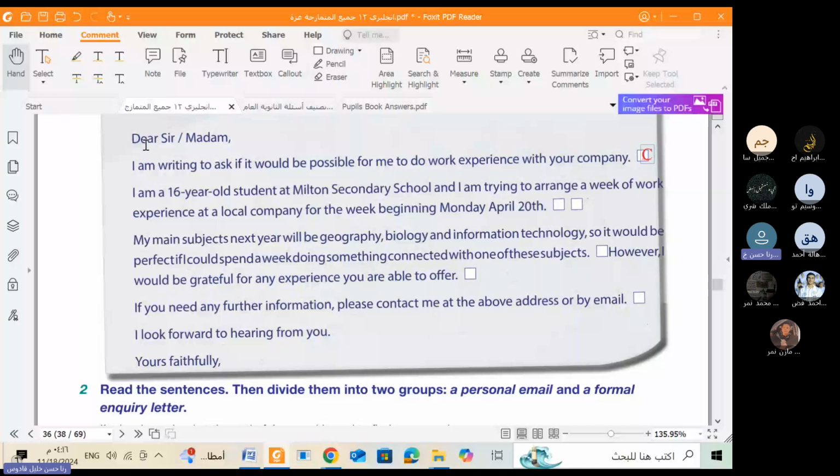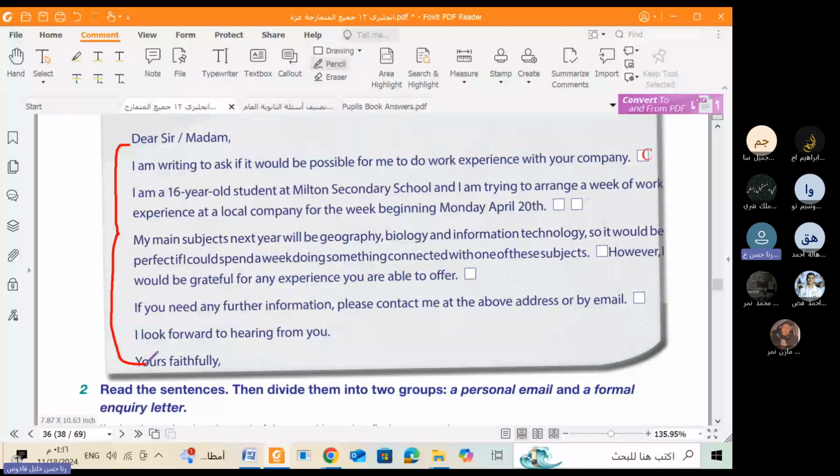We started by saying dear sir or madam because we don't know the name of the person to whom we send the letter, and because we start with dear sir or madam, we should end it by saying yours faithfully. This is the end of the letter. We will discuss this more when we come to the next unit because we are going to discuss business letters. But again, you start with dear sir or madam, you end with yours faithfully.